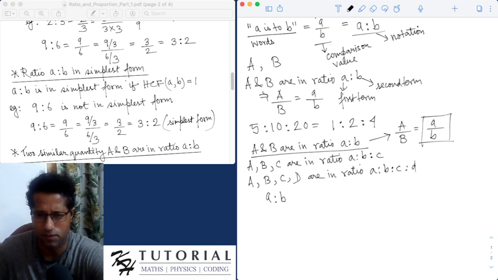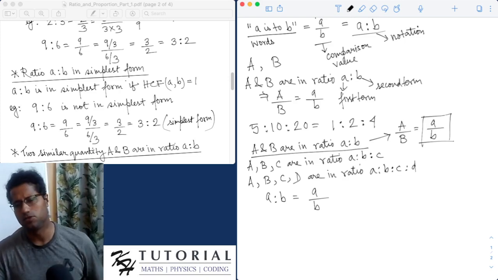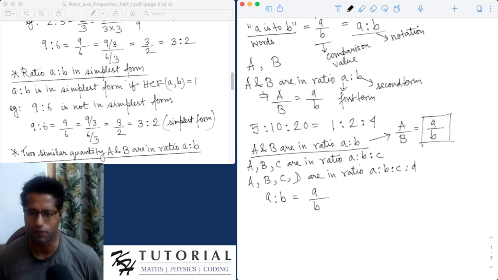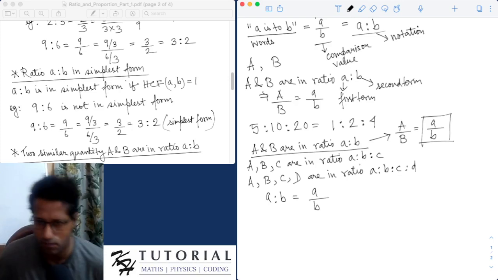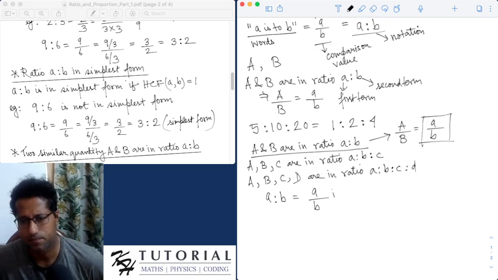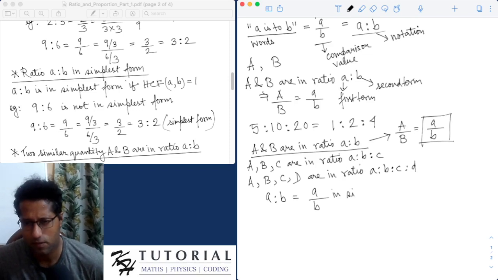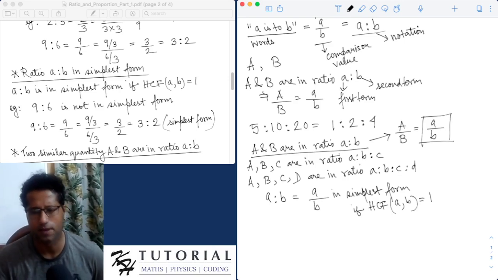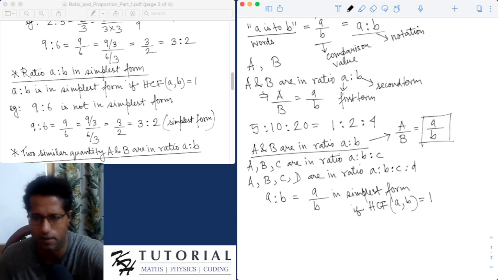Mathematically its value is A by B. We say that the ratio A:B, or A by B, is in simplest form if the fraction A by B is in the simplest form, that is, if the HCF of A and B is 1. That is, A and B have no common divisor other than 1.